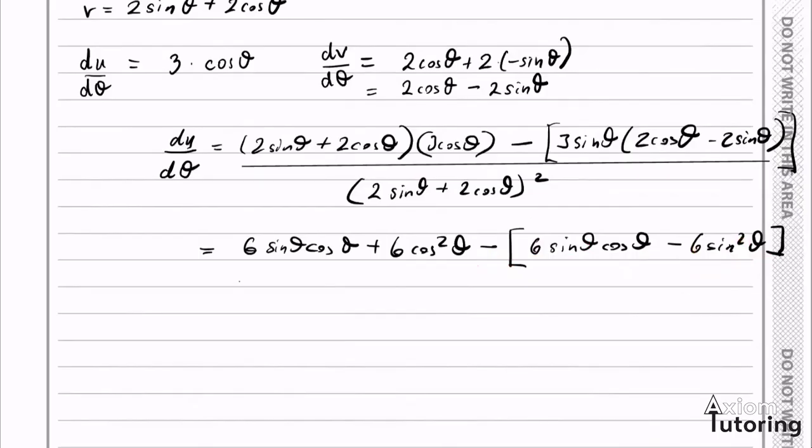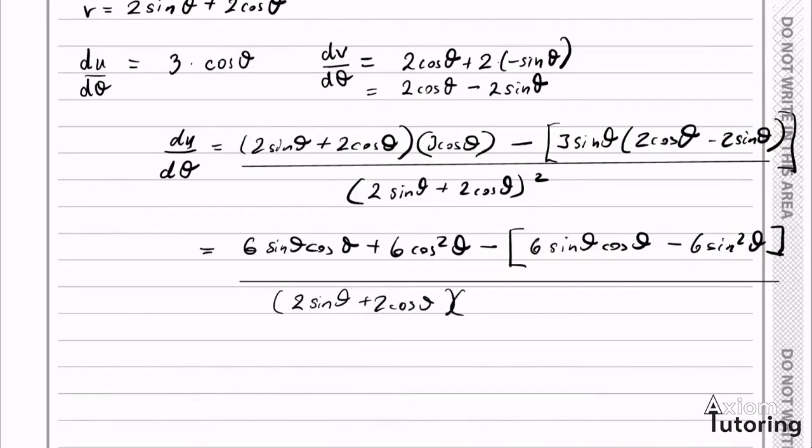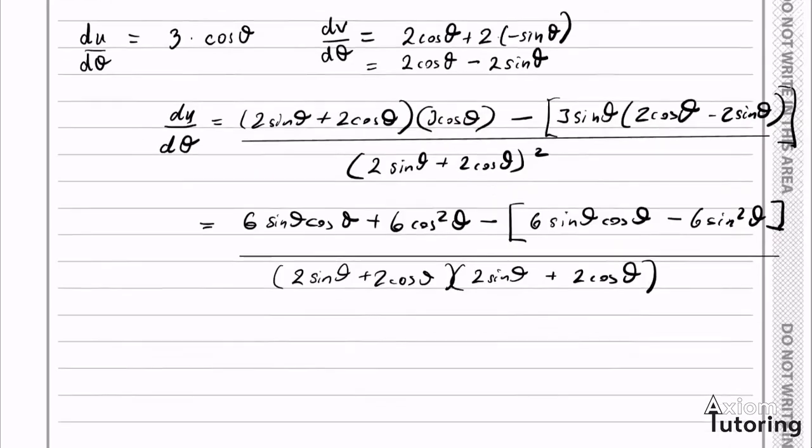Okay, and then the denominator, it might be easier to write this as a double bracket. So 2 sine theta plus 2 cos theta times 2 sine theta plus 2 cos theta, and then multiply it out from there.